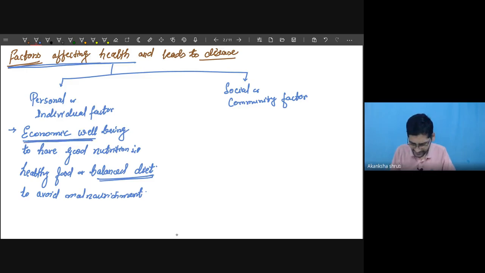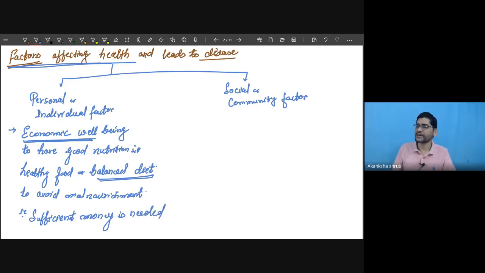Economic well-being means sufficient money is required. It simply means sufficient money must be possessed by each individual. So this is the personal factor.